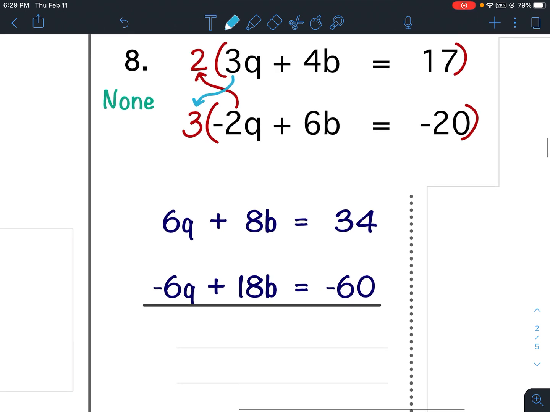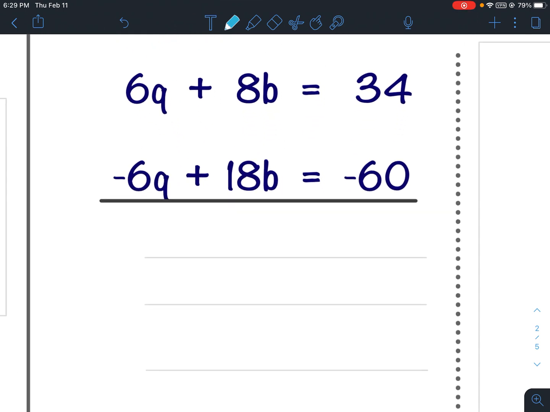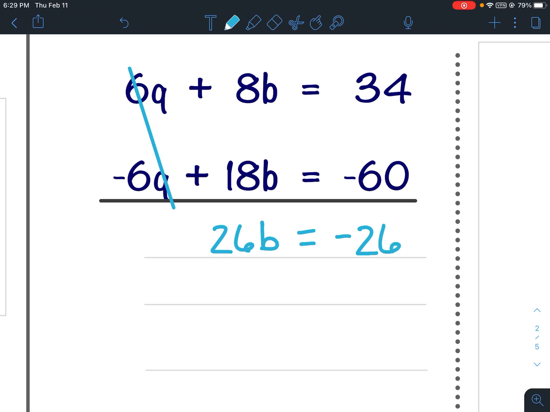Pause your video, get everything written down. All right. I am able to eliminate my q terms. They will cancel out. 8b plus 18b would give me 26b. 34 minus 60 would give me negative 26.